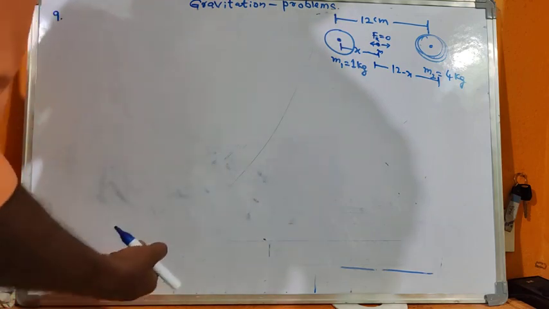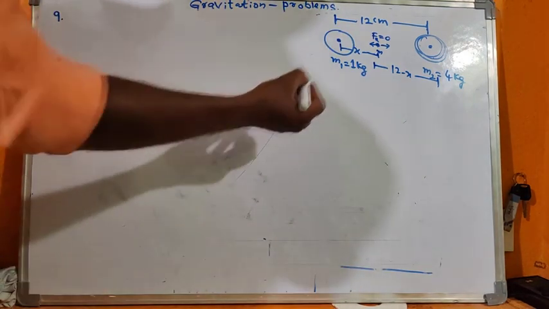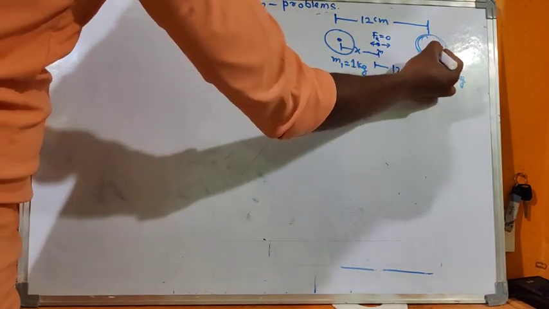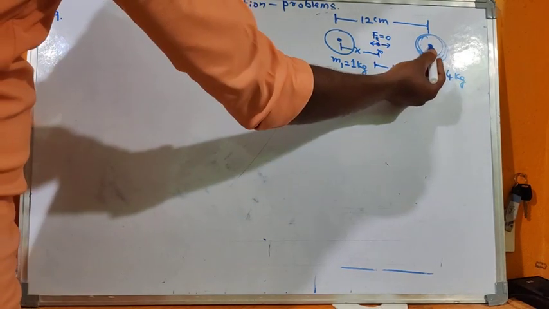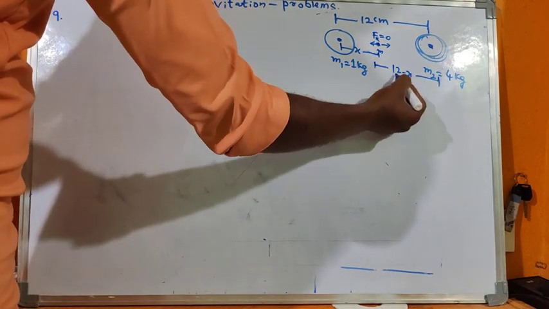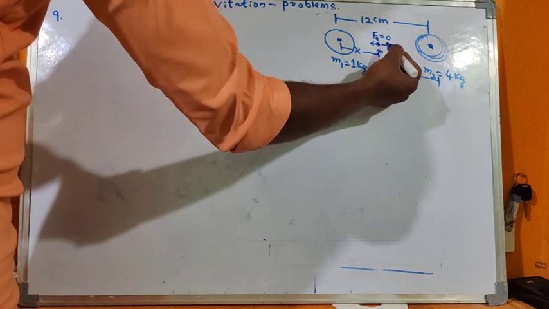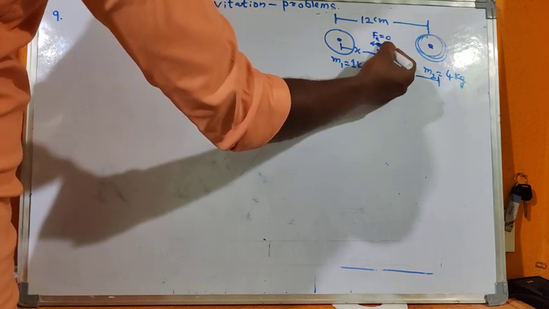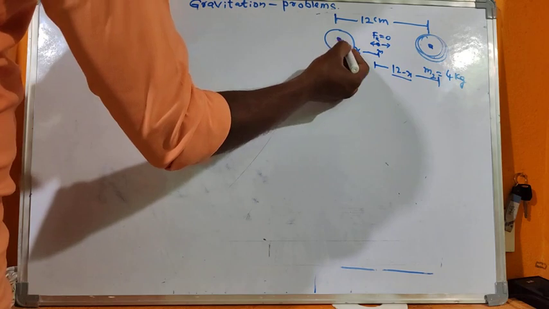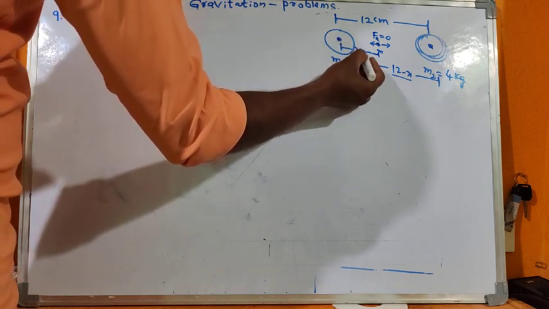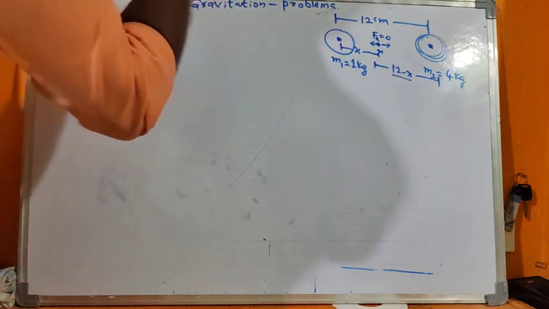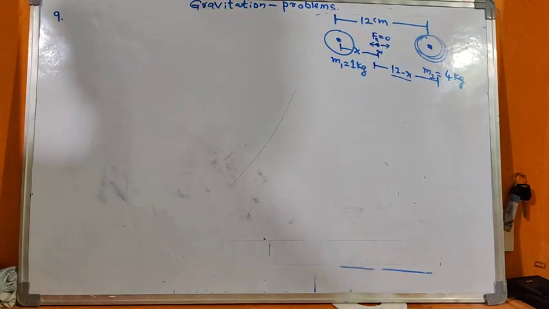Here m1 is 1 kg and m2 is 4 kg. From the 4 kg mass, at distance 12 minus x, and from the 1 kg mass, at distance x, the resultant force will be 0.